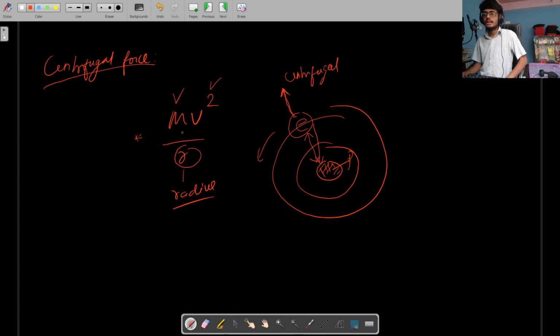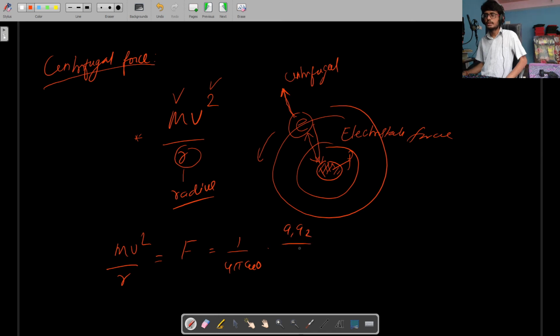So now centrifugal force is this one, m v square upon r. Now what is the centripetal force? Centripetal force is the electrostatic force of attraction. So what is the formula for electrostatic force? The electrostatic force formula is 1 by 4 pi epsilon naught q1 q2 by r square. So is this statement clear?